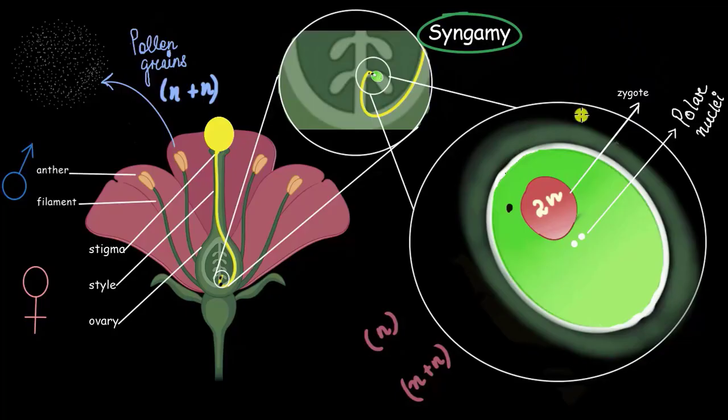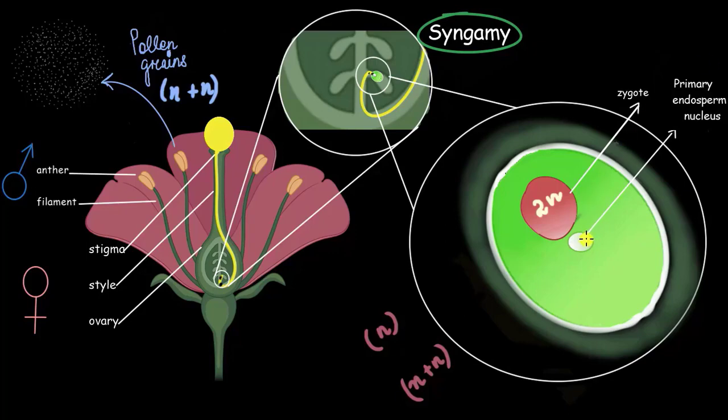Wonderful. Then what is the role of these three nuclei that are just lying there? Well, the other male gamete, this one, will slowly come and fuse with the polar nuclei. And they together form something called the primary endosperm nucleus.